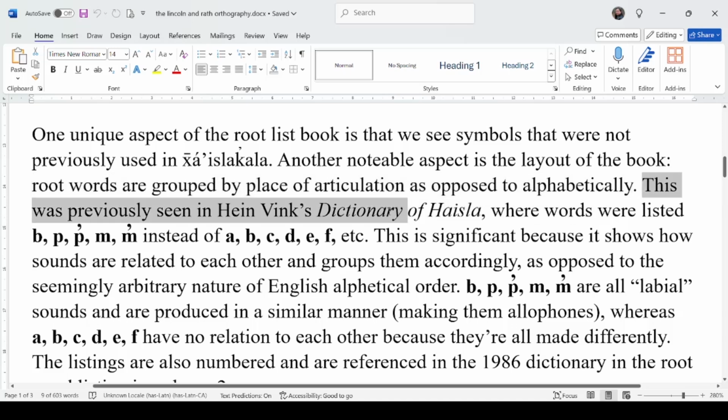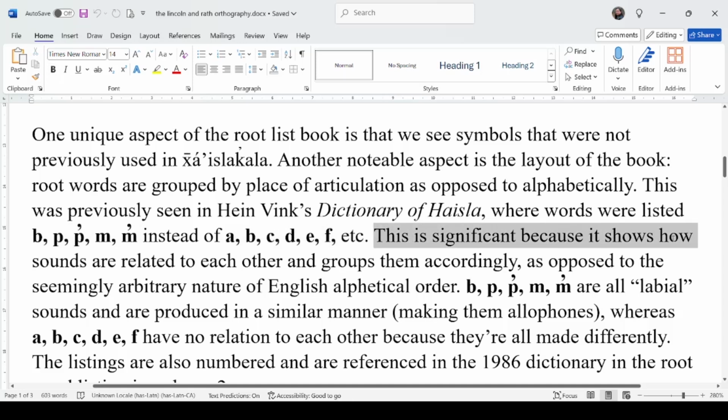So this is something we previously saw in Hein Vink's Dictionary of Haisla, where words were listed in this order here, where you have a B. So words starting with B, followed by words starting with P, then ejective P, regular M, glottalized M. So they followed that format instead of A, B, C, D, E, F, etc.